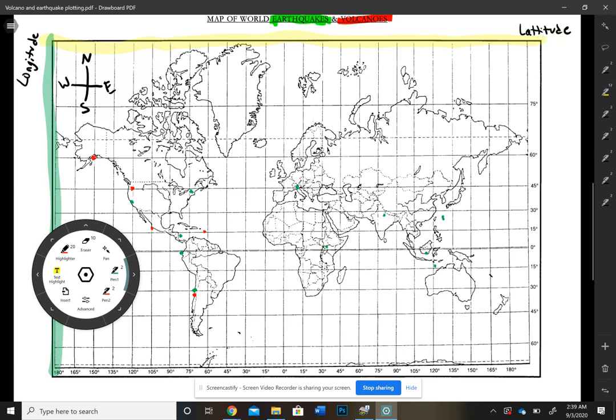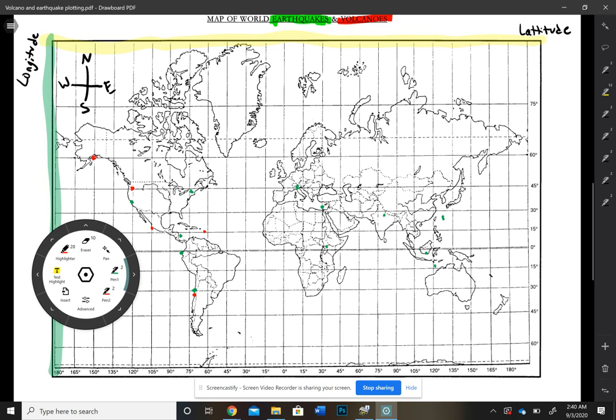35 north, 30 east. Oh, I lost my spot. Okay, so I know this one's on a line.